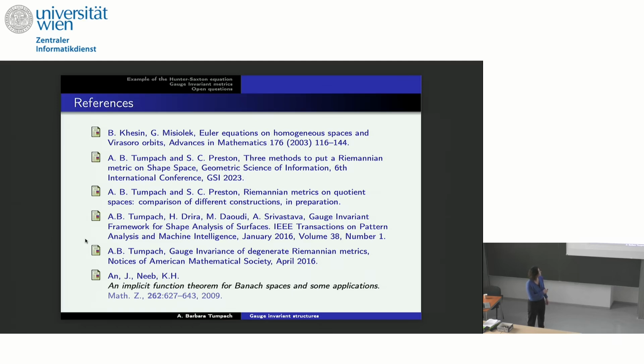And the last, this one, gauge invariance of the degenerate Riemannian metrics, it's a very easy paper to read in Notices of the American Mathematical Society. So if you want to have an idea of the ideas without technicalities, that's a good starting point. I will mention at some point a conjecture by Anne and Neb at the end, if I hope I will have time, which is related to this kind of subject.